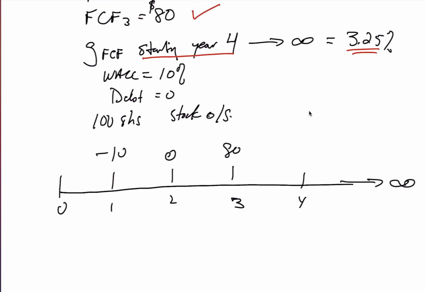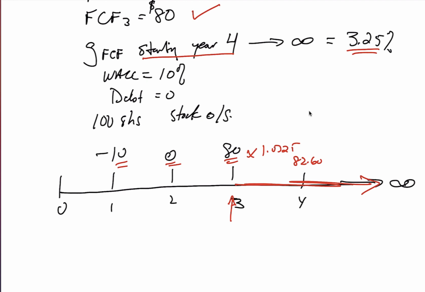Here's the timeline for the cash flows. Here's the -10, here's the 0, here's the 80. We need to grow this at 3.25%, and this comes out to be 82.60. Like we did before, we're going to value the company right here because this is where growth starts, constant growth forever.